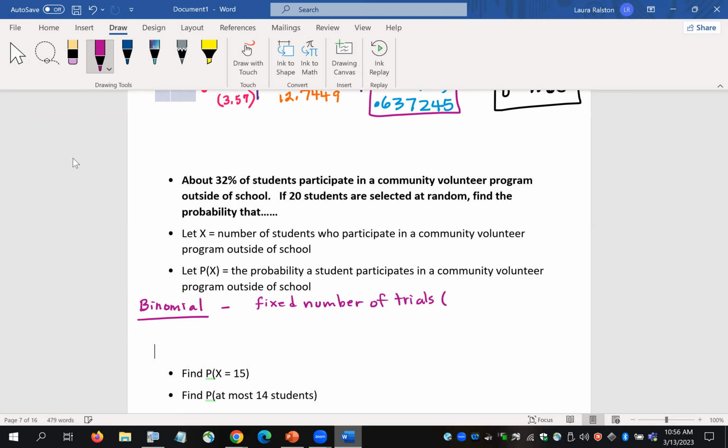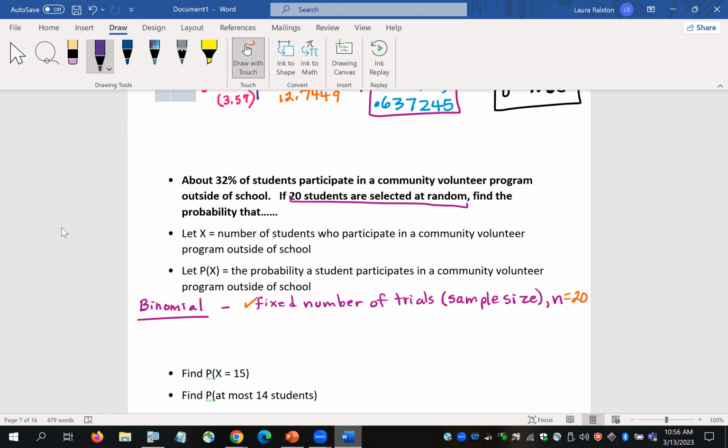Basically, guys, this is like your sample size. In this scenario, it tells me that 20 students are selected at random, so my fixed number of trials is 20. So I do have a fixed number of trials.